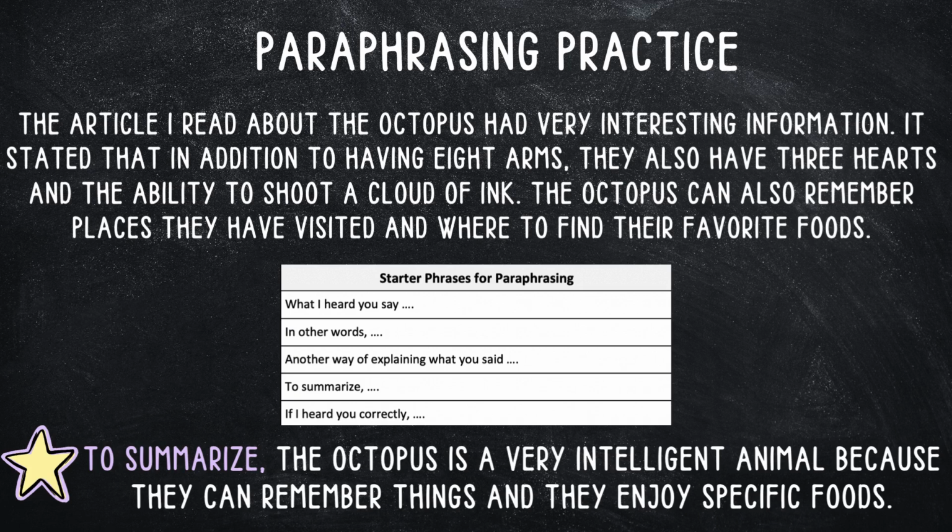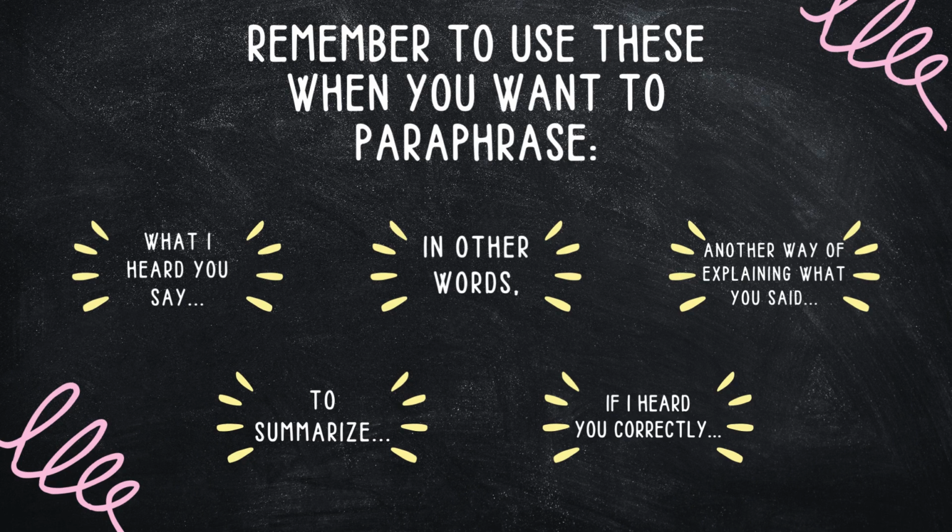To summarize, the octopus is a very intelligent animal because they can remember things and they enjoy specific foods. Remember to use these words when you want to paraphrase.